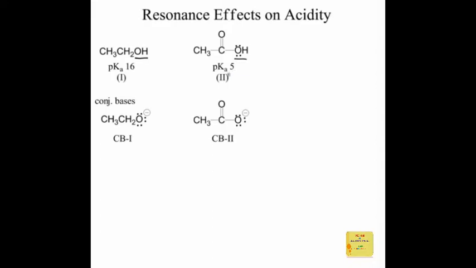That's a huge difference in pKa. And let's see if we can explain where that difference comes from. If we look at the conjugate bases, we're comparing an O- to an O-. So once again, we can't think of any difference in periodic trends because each of those oxygens is equally electronegative.